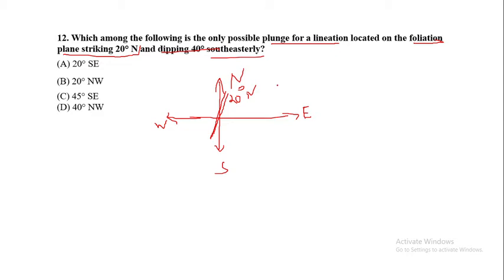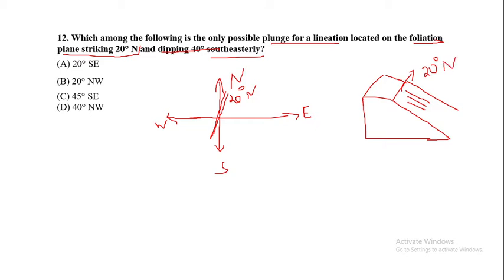Roughly, we may draw something like this. This will be the foliation plane direction, and this will be the strike, that is 20° north.